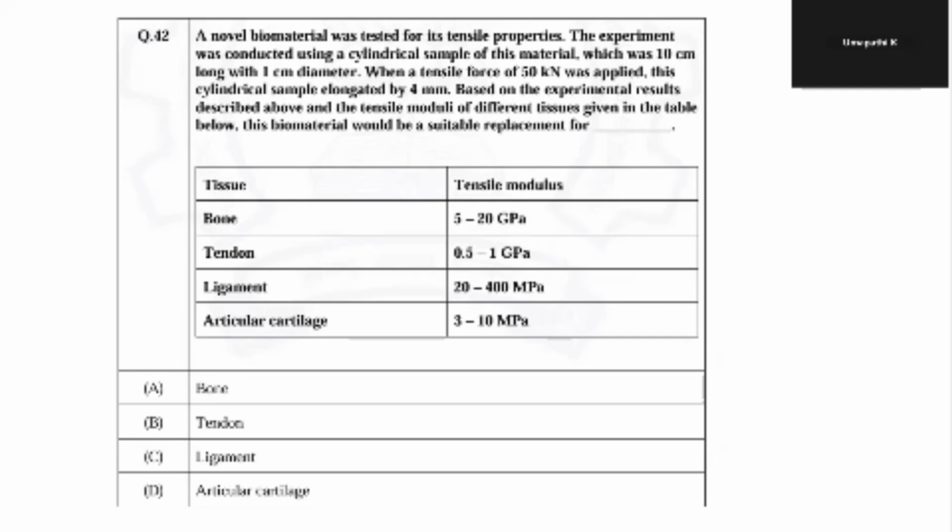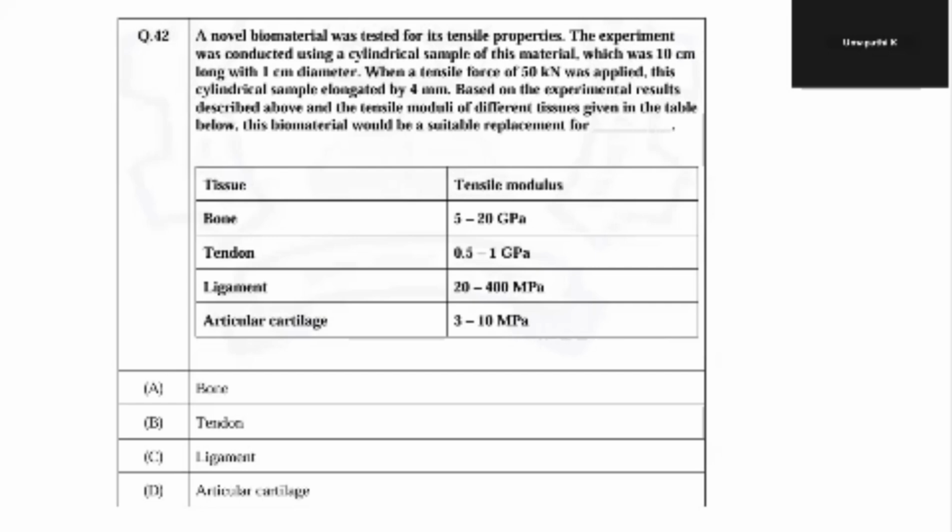Here, they have given four choices: bone, tendon, ligament, articular cartilage. And these tissues have different tensile moduli. For example, bone has 5 to 20 gigapascals. Then tendon has 0.5 to 1 gigapascals. Then ligament has 20 to 400 megapascals. Then articular cartilage has 3 to 10 megapascals.